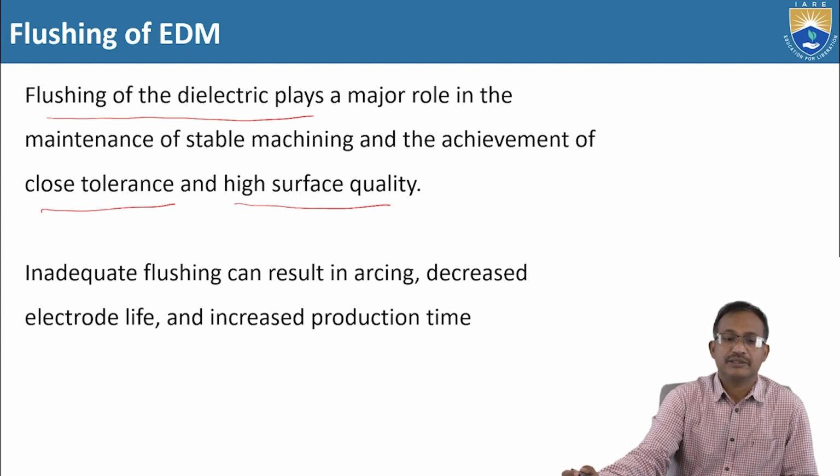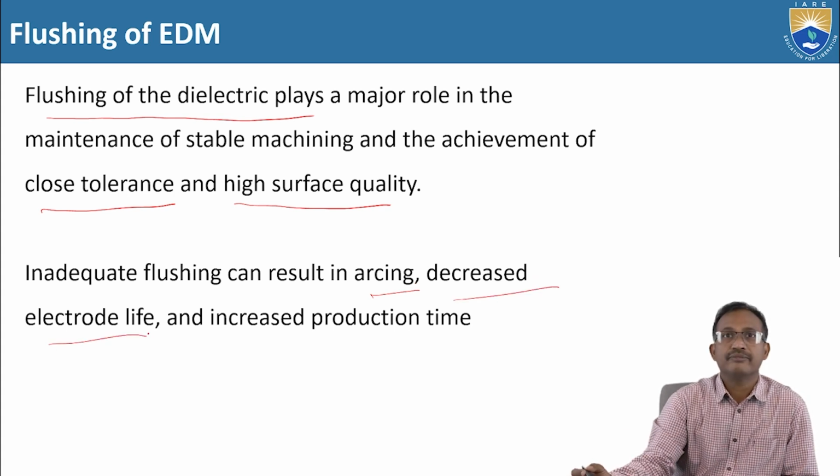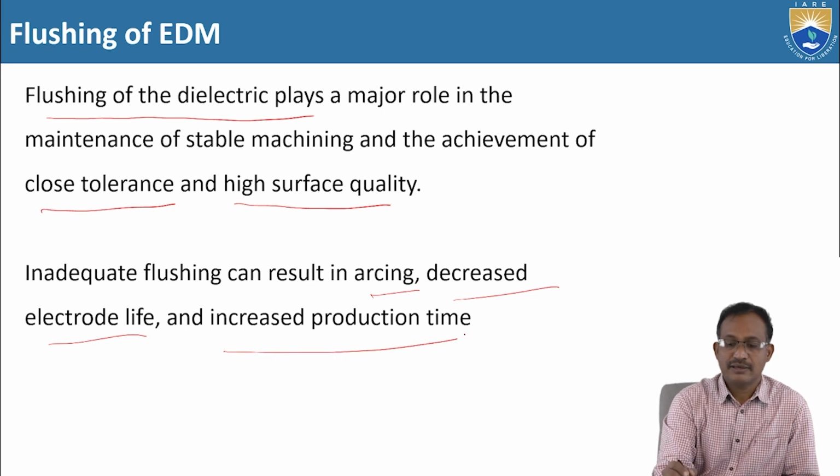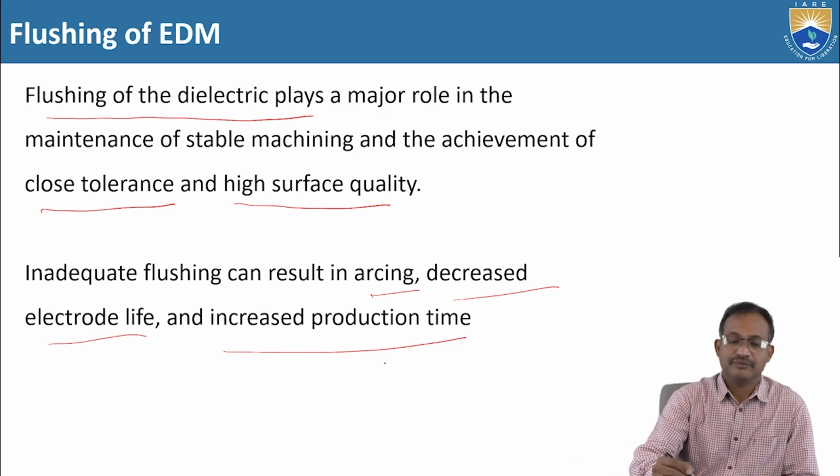And what will happen if the flushing is not adequate? Inadequate flushing can result in arcing, a decreased electrode life and increased production time. It will take much more time to produce each part or product because of inadequate flushing.